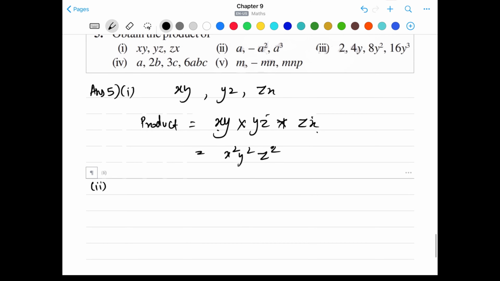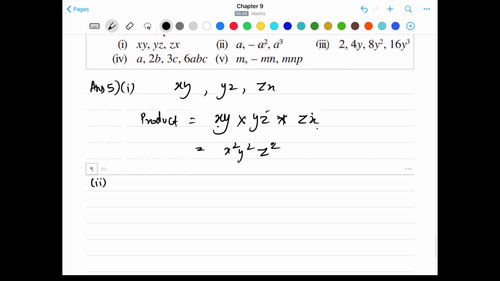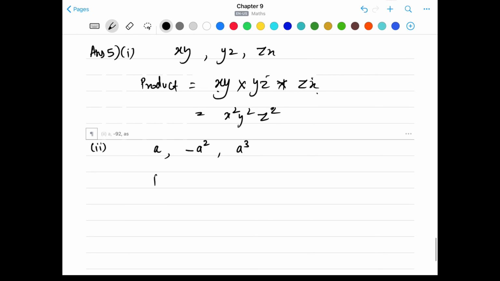Let's see the part second now. Here we have a into minus a square into plus a square, sorry, plus a cube. We have a into minus a square and plus a cube. The product will be a into minus a square into a cube.